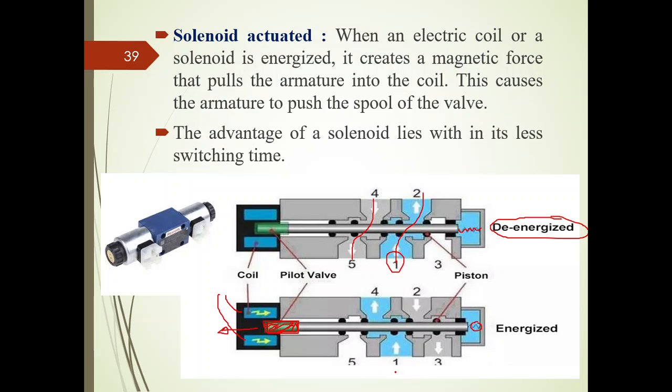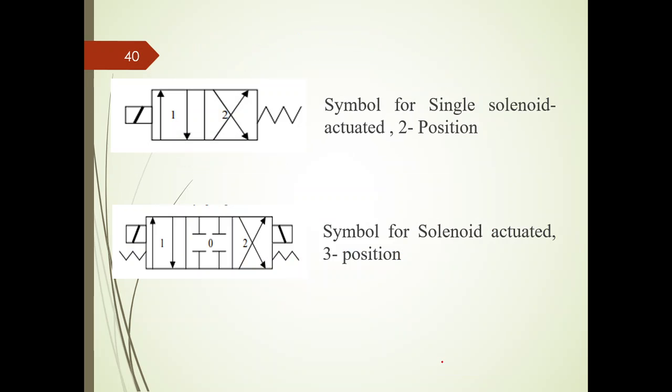In that case, port 1 will be connected to port 4 as well as port 2 will be connected to port 3. So this is how we control the position of the spool as well as the spool land with the help of energizing as well as de-energizing the coils.